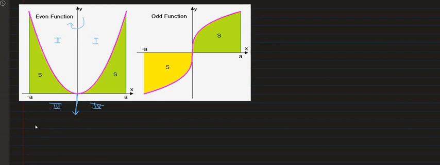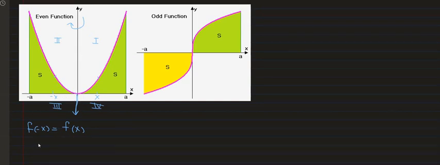Algebraically, we said that f of negative x is equal to f of x, such that the same function appears at negative x as it is for f of x. This is the geometric and that's the algebraic.